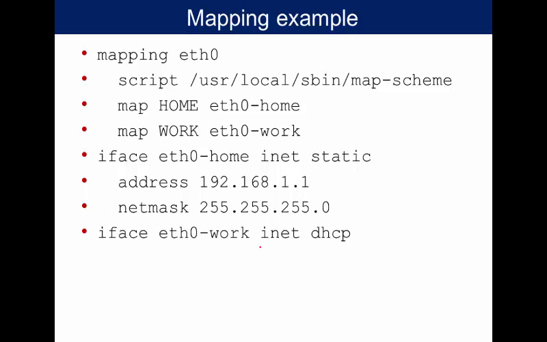If you do mapping, then eth0, and by saying eth0 and script, you can say my script is there. And iface eth0-home, which is here, right? That is static, and iface eth0-work, which is there, that is DHCP. If it's static, then you need to specify the address and then the mask. If it's DHCP dynamic, you don't need to.